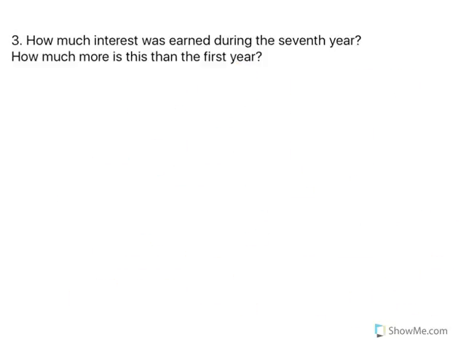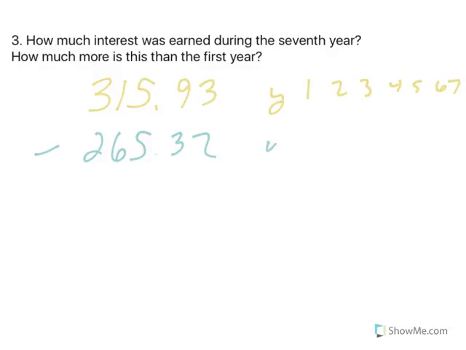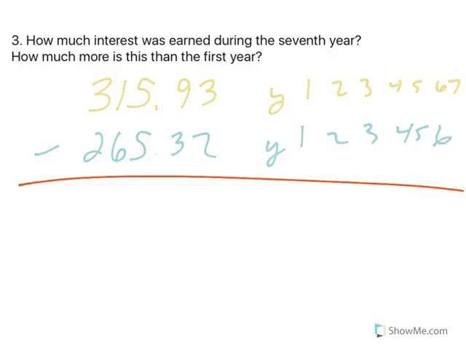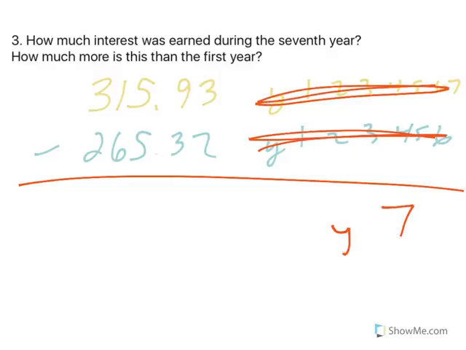Okay, now let's go to the 7th year. Well, you'll see the total for the last year is $315.93. Now this is years 1, 2, 3, 4, 5, 6, 7. It's all of those years. If I subtract the one before that, $265.32, that's years 1 through 6. So when I subtract, years 1 through 6 are gone, and I'm left with just year 7 for a total of $50.61.